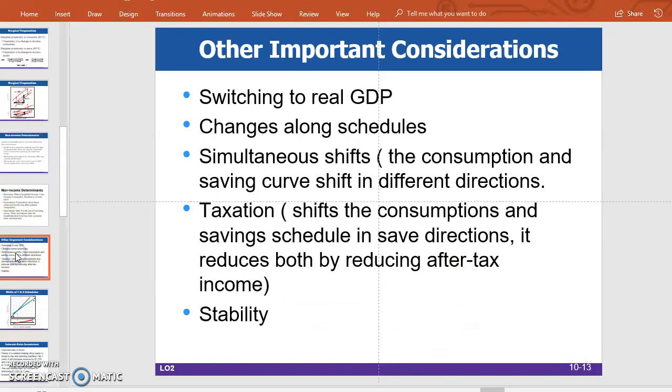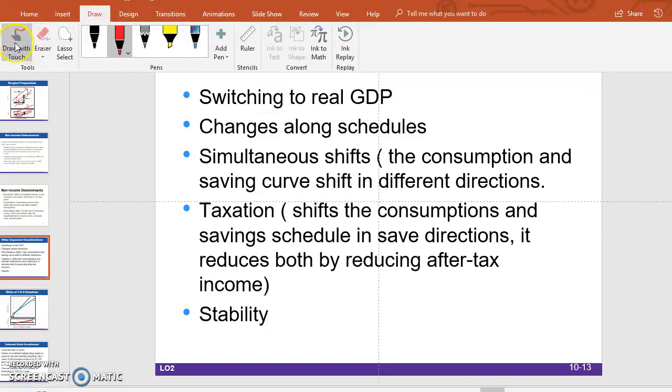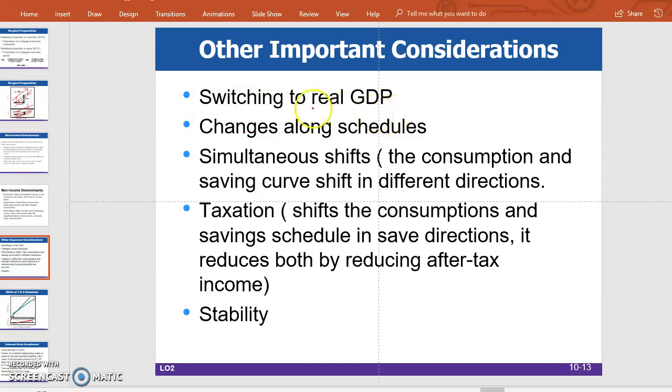Okay. Now, these are some simplifying assumptions that we want to make. This simplifying assumption tells us what? We now switch to real GDP. So far, we were talking about GDP and national income as equal, but now the GDP we will consider from now on is real GDP. So this is GDP adjusted for inflation. Now then there are changes along schedules, right?